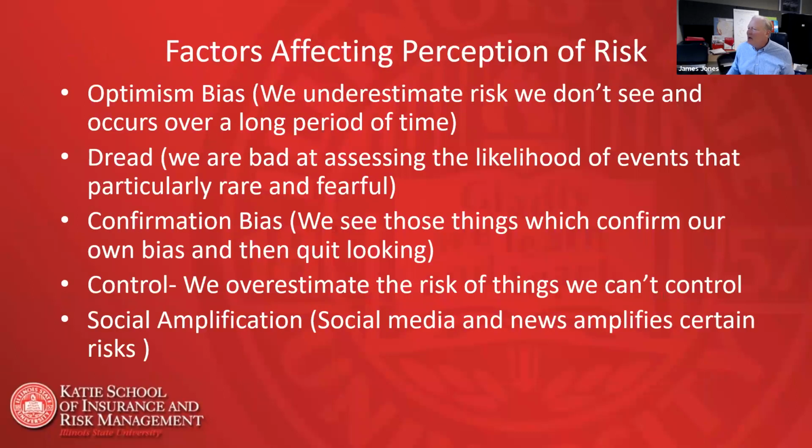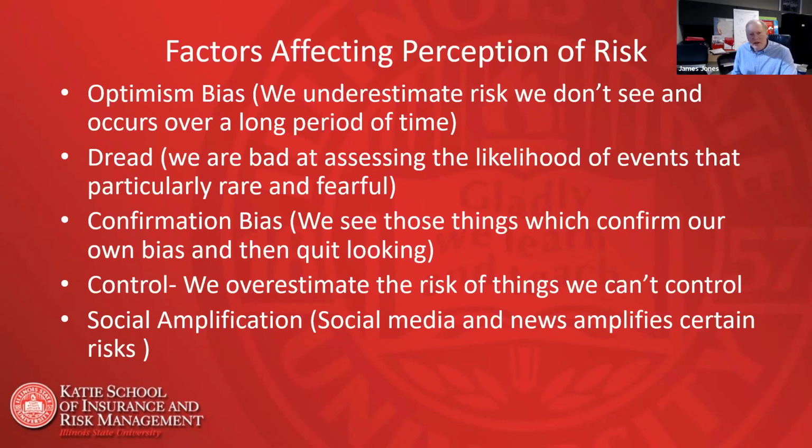So, all right. To conclude, we have optimism bias that kicks in, and I think that especially is true in things like heart disease, and things that are not so dreadful, and things that happen over a period of time. And when there's dread involved, we tend to over-assess the likelihood of the risk.